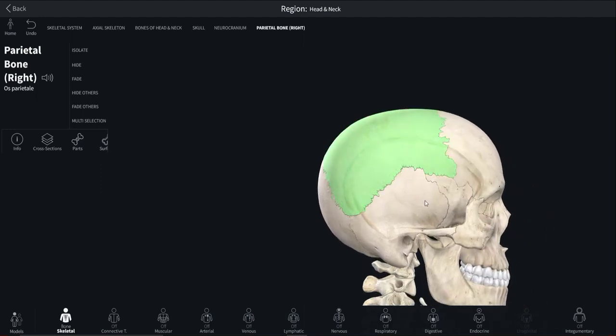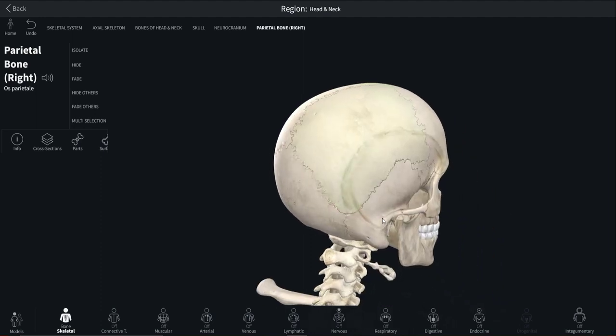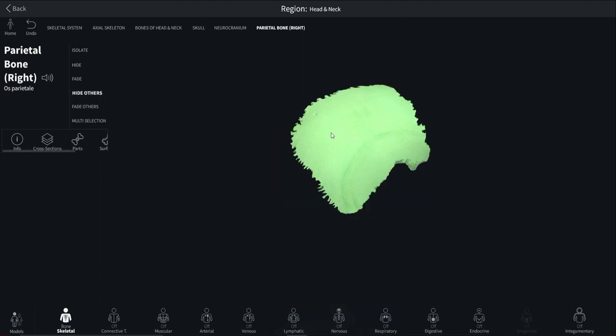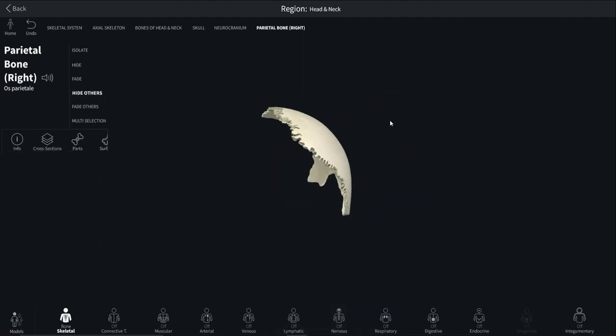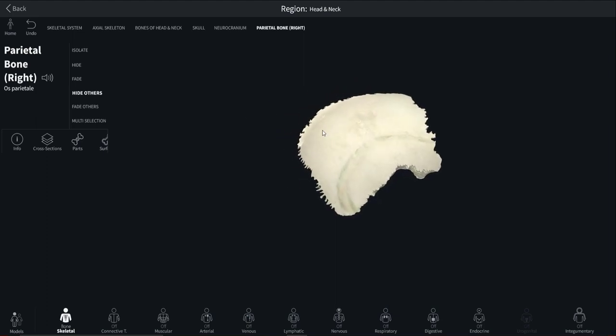We will come back to this view when we study the different articulations, borders and angles of the parietal bones, and how they articulate with the other cranial bones. But for now, let's study the parietal bone, or rather the right parietal bone, individually.